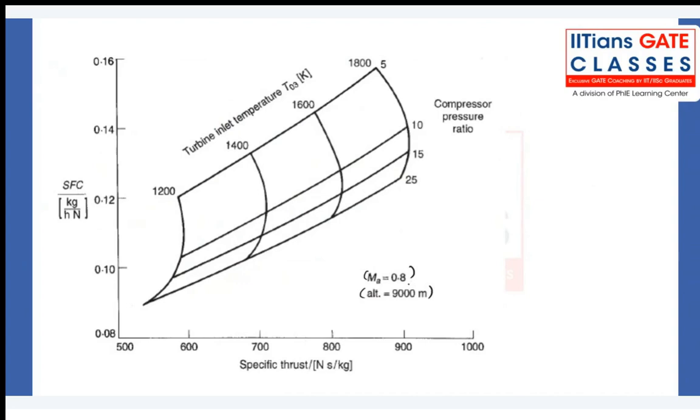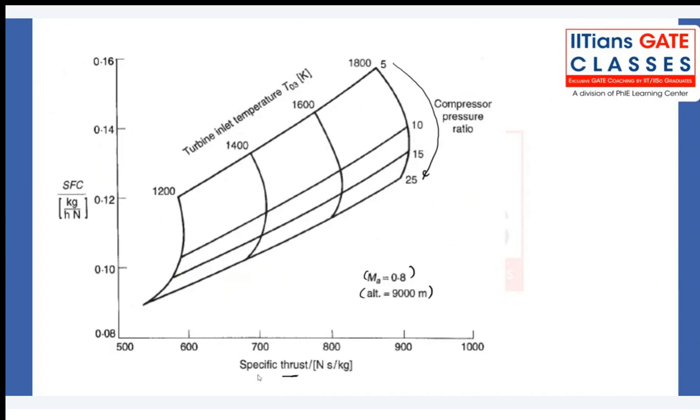Now you see this graph, how the thrust is varying with the increase in compressor pressure ratio. It increases to a certain compressor pressure ratio and then it decreases, right? So if I keep on increasing the compressor pressure ratio, it is not going to increase the thrust. Though it's a specific thrust, we can extrapolate this idea to thrust also.